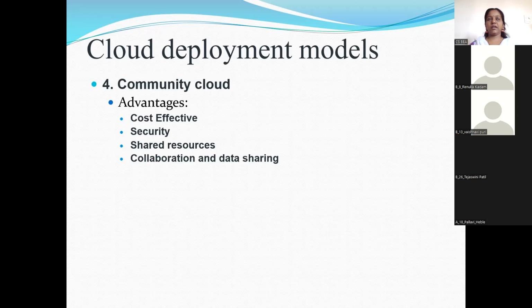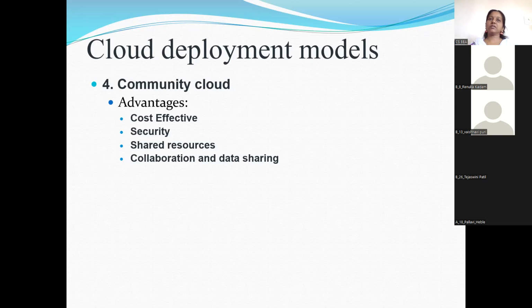So definitely it will be providing you cost effectiveness. How? Suppose one particular server has a charge of, say, 1000 rupees, but the same requirement is there from three other organizations also. So what the service provider will do is share that particular server with all four of you.